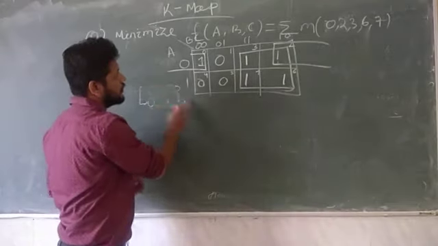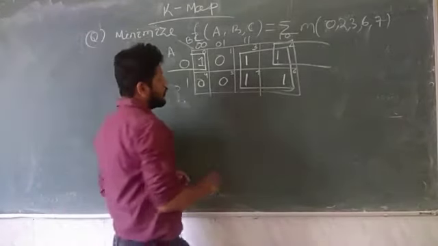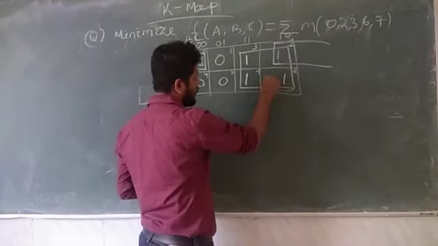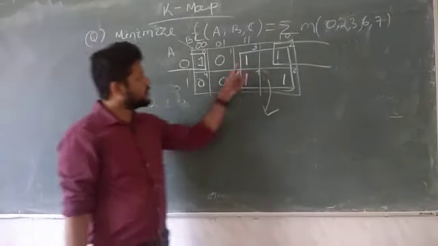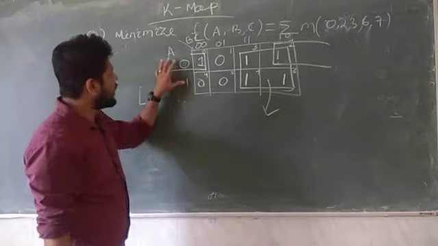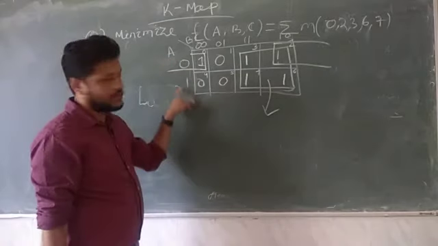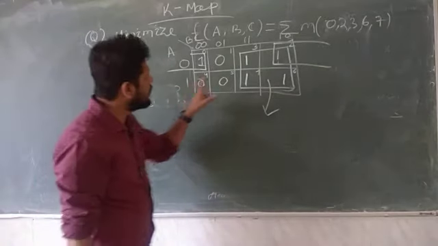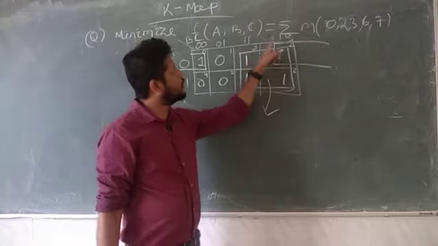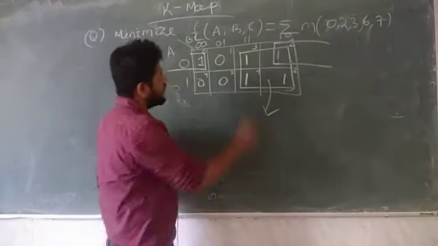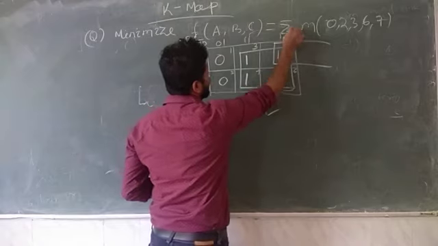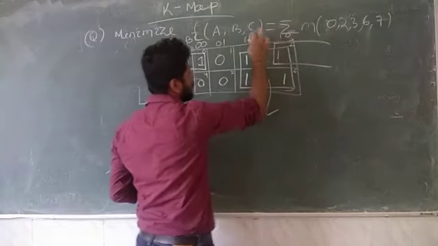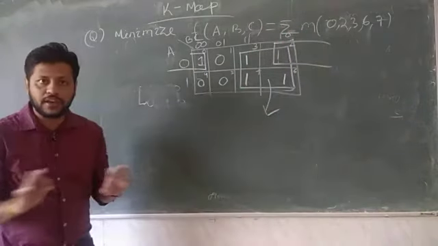Now we can see how to minimize. First we look at the bigger 4 cell group. In the bigger 4 cell, which variable is changing? A is changing, 0 and 1, so it cannot be taken. We have 1 1 1 0, so C is changing, this 1 is changing to 0. Whichever variable is changing, we do not need to take it.